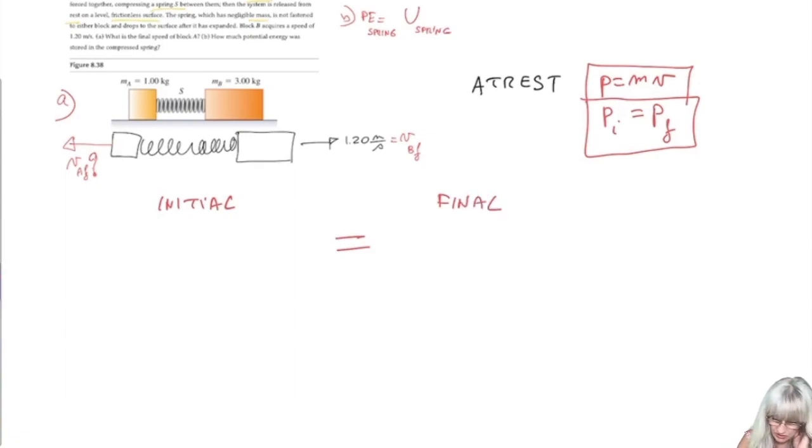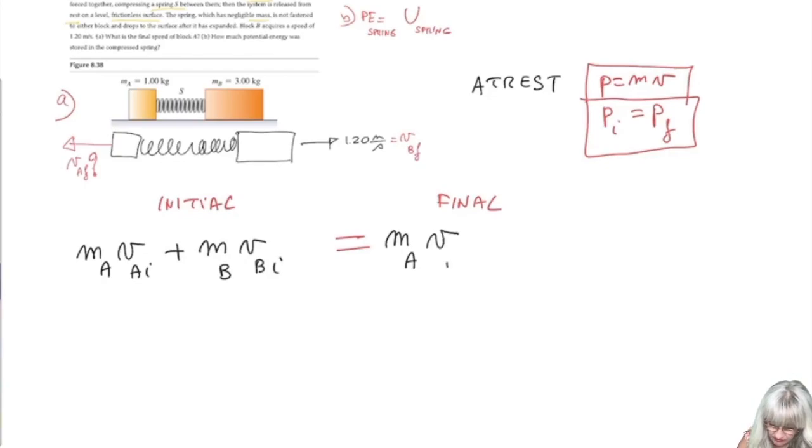I'm going to do it theoretically: mass A, velocity of A initially, plus mass of B, velocity of B initially, equals the final mass of A, velocity of A final, plus mass of B, velocity of B final.